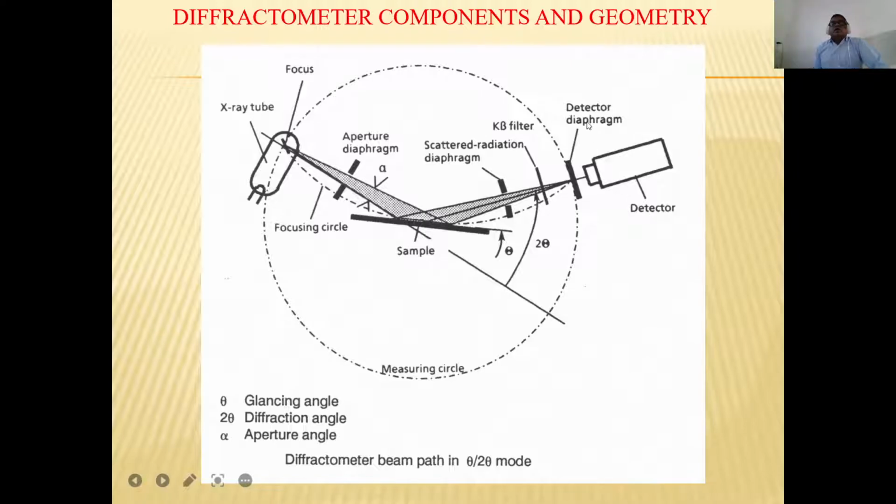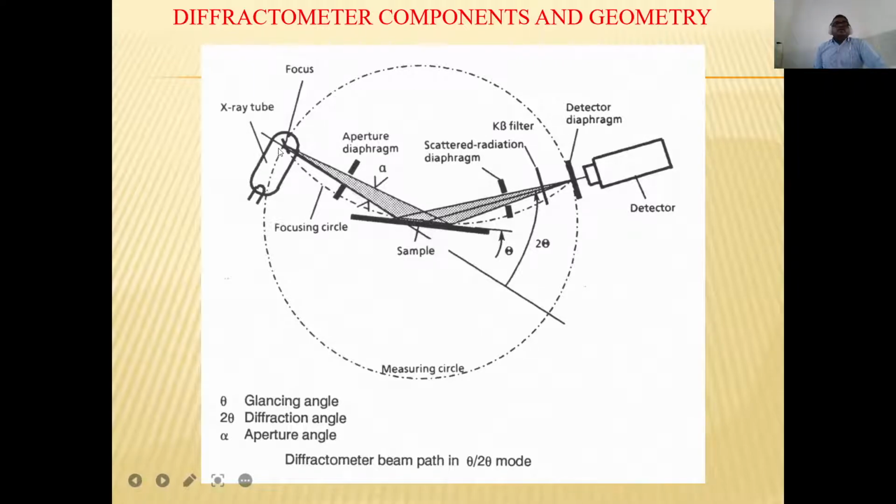It is the detector, the KB filter, the scattered radiation slit, the aperture diaphragm, and the X-ray tube.